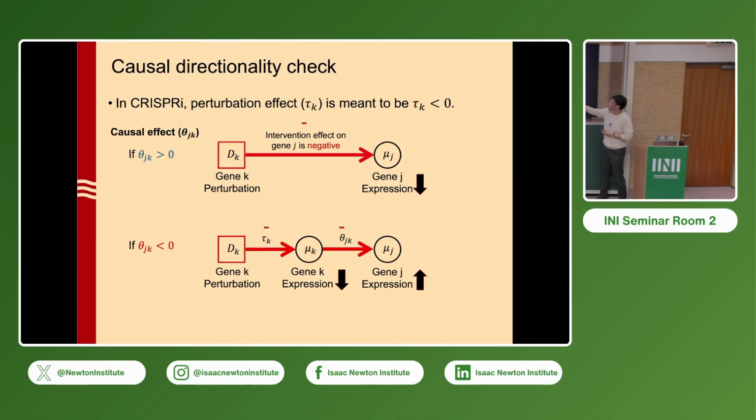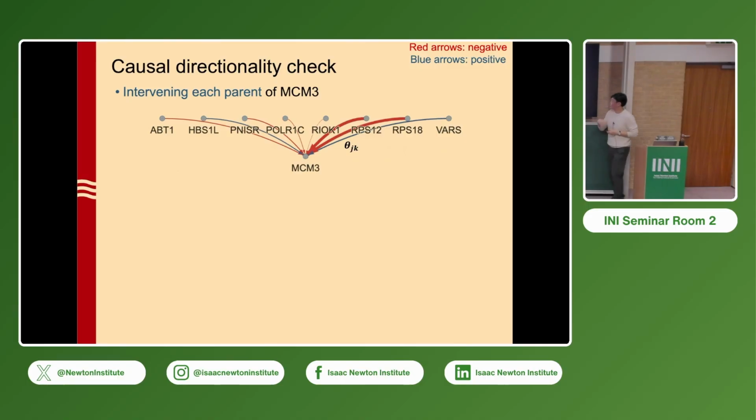On the other hand, if theta was negative, the intervention effect of K on mu J should be positive, because minus multiplied by minus is plus. So we wanted this type of sign flip to happen between the intervention effect and the causal effect that we find from the real data.